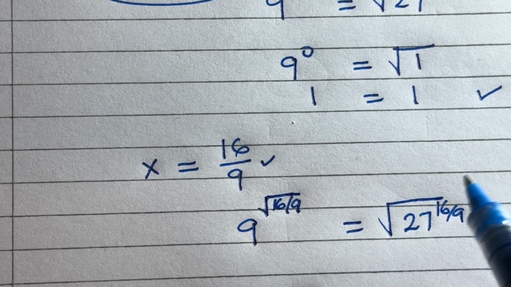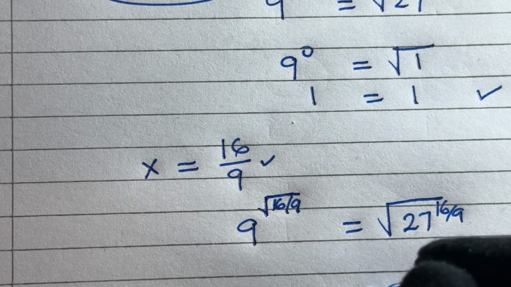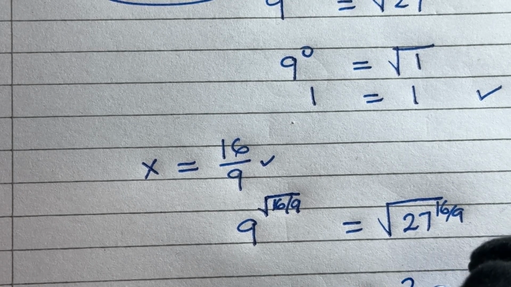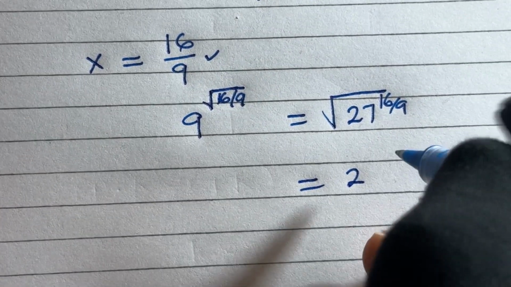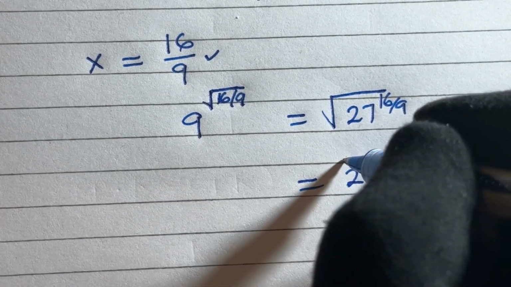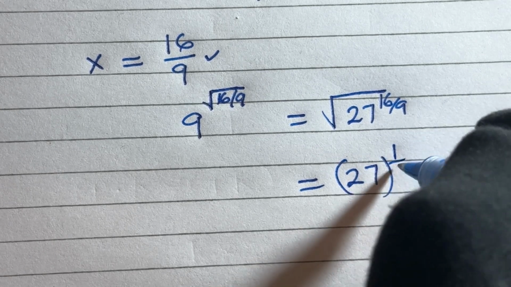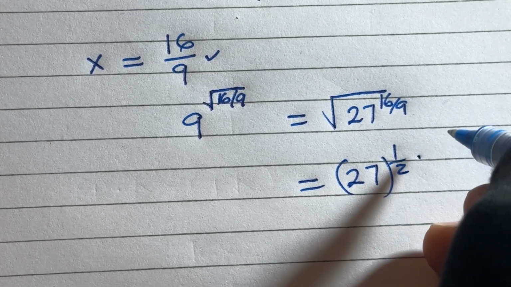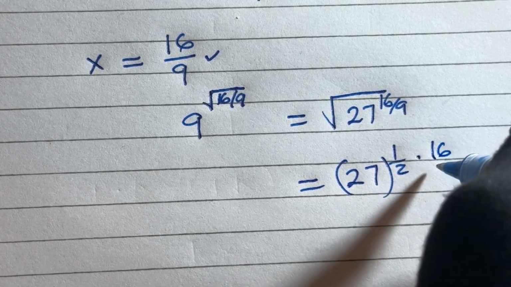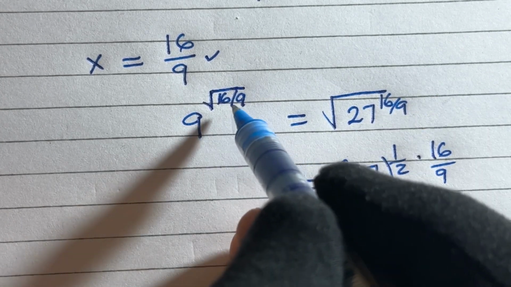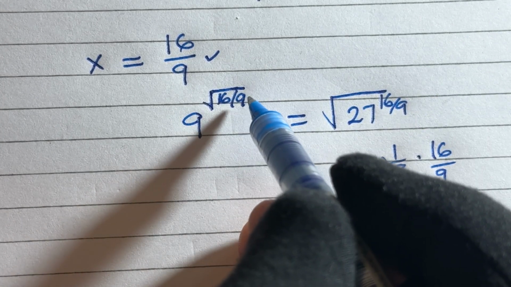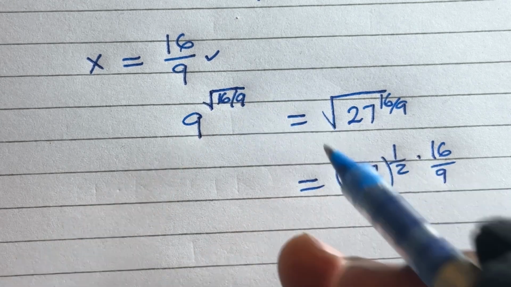If we get rid of this radical here, this is 27 raised to power 1 over 2 times 16 over 9. And then on the left hand side, the square root of 16 over 9 is 4 over 3.